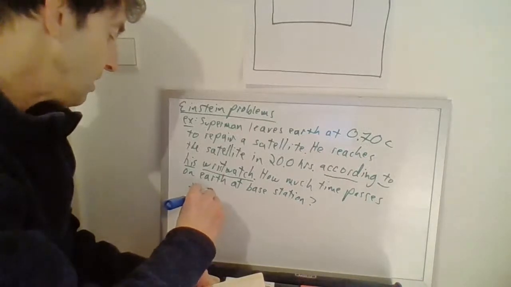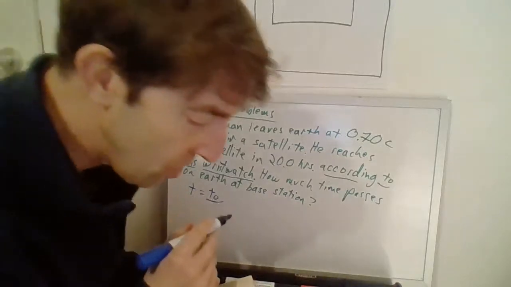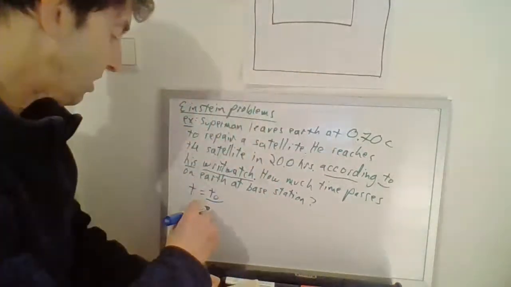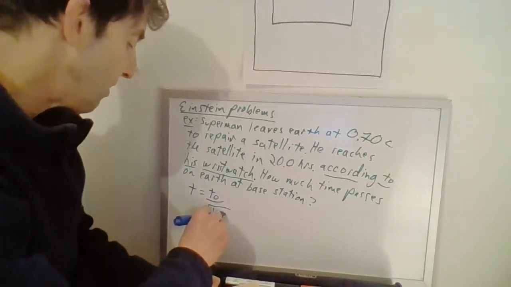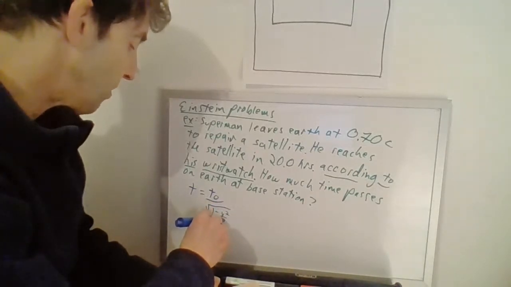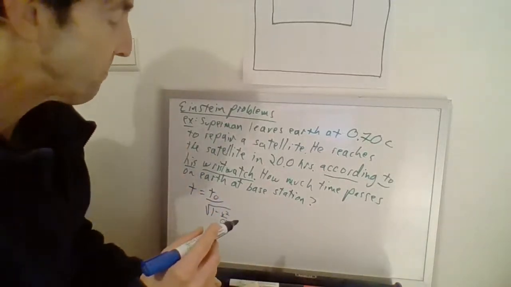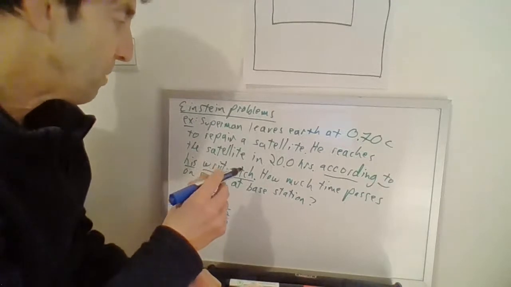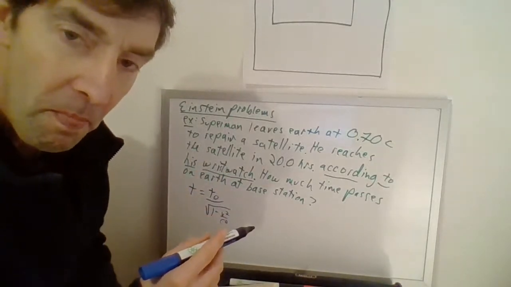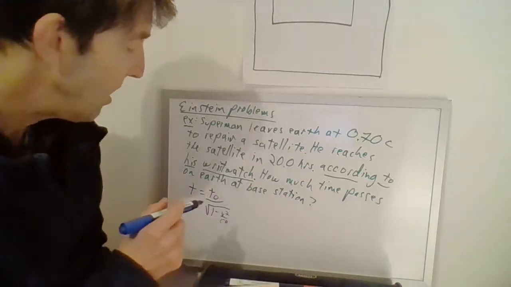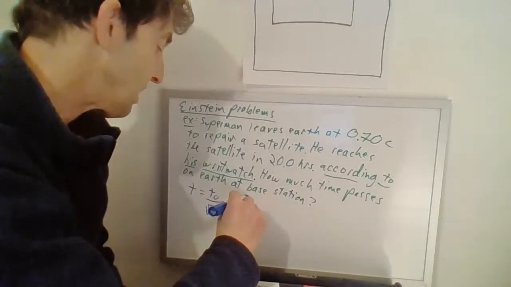time equals T0 divided by this correction again. I always look because I don't want to write it wrong. Square root of 1 minus v squared over c squared. Okay. Because it's according to his wristwatch, let's write these here.